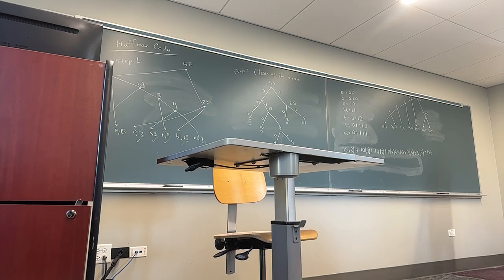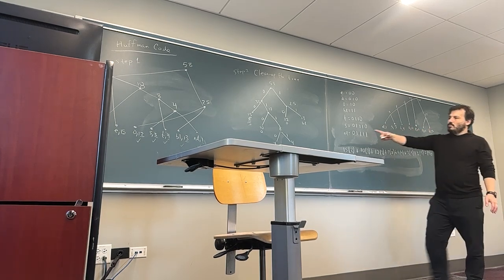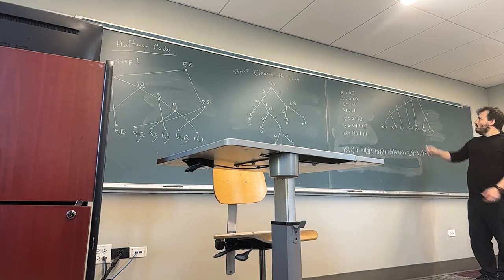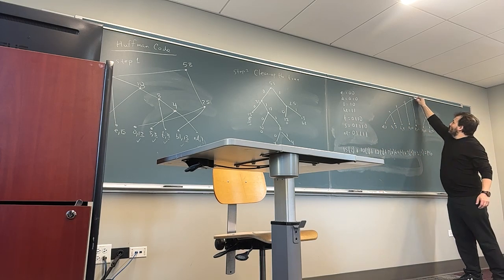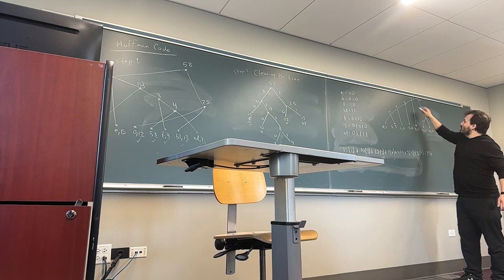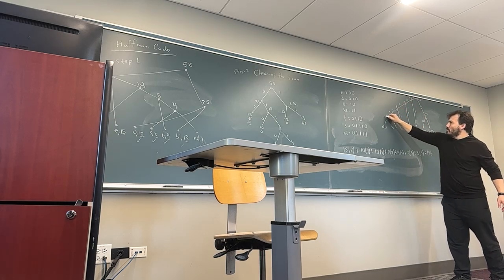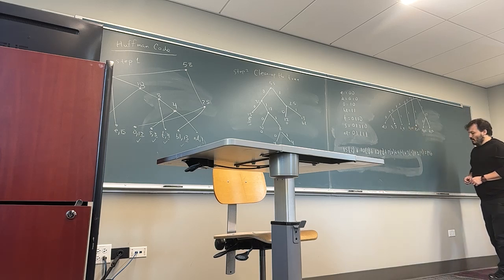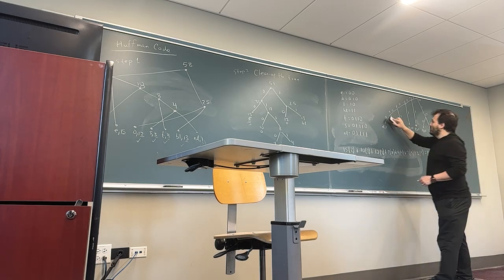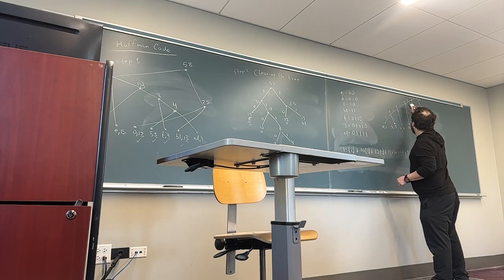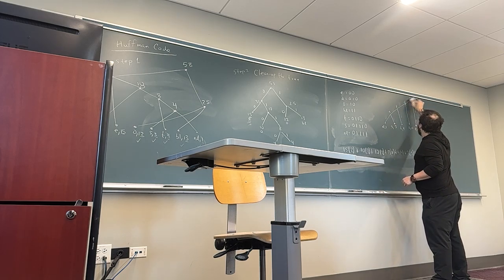So they both are the same tree, right? The only difference is that over here, if you go 0, 1, 0, 1, 0, 1, 0, 1, 0, 1, 0, 1, maybe I'll put these zeros and ones in a different color so that they don't get confused with the names of the vertices.